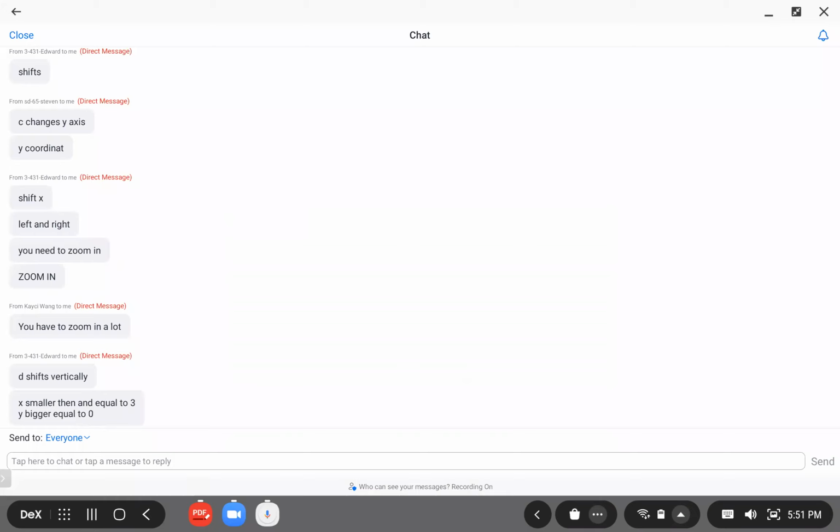Okay, x is smaller than or equal to 3 and y is greater than or equal to 0. That is correct.